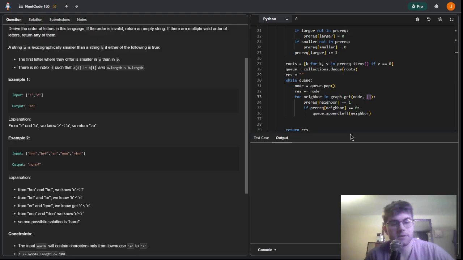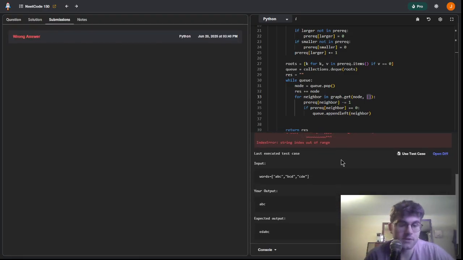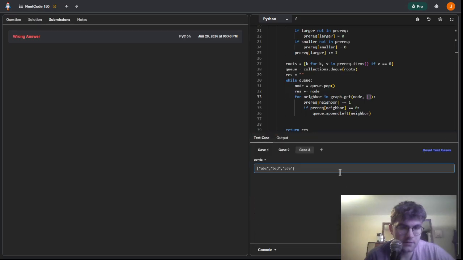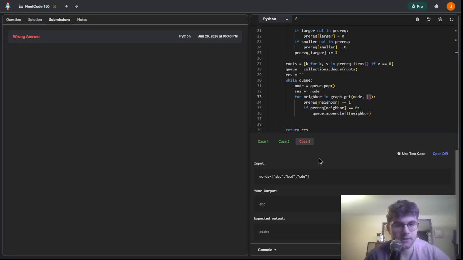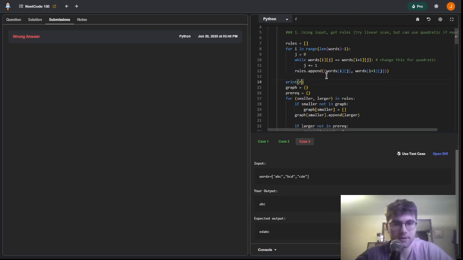Those are pretty simple. It's going to fail definitely if there's a cycle. This is the very first test case. So it passed those two. Those ones are pretty easy. So let's look at this one. A, B, C, B, C, D, C, D, E. So we know A, let me print out my rules and see if it aligns with what I would think as a human.